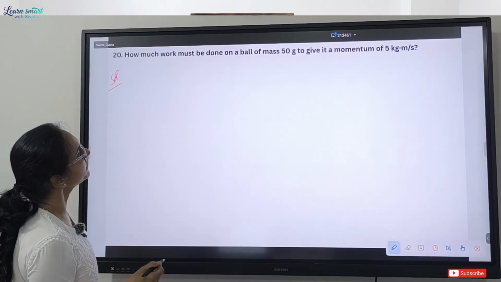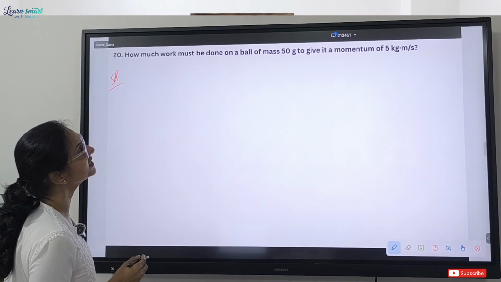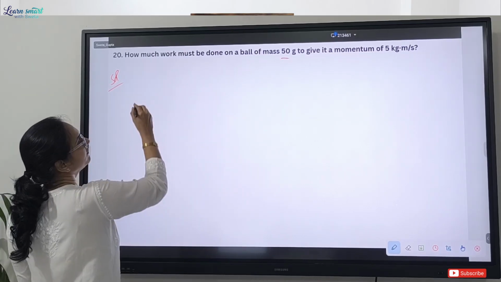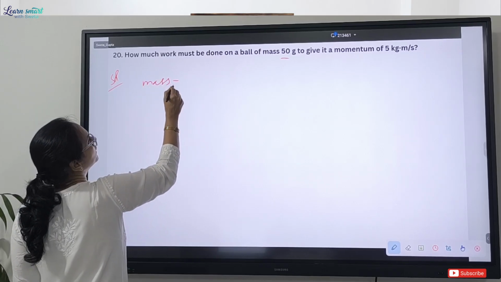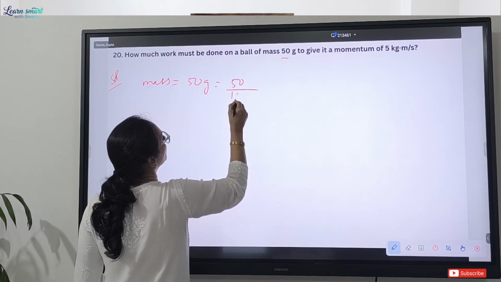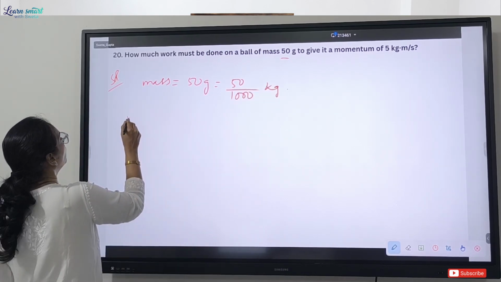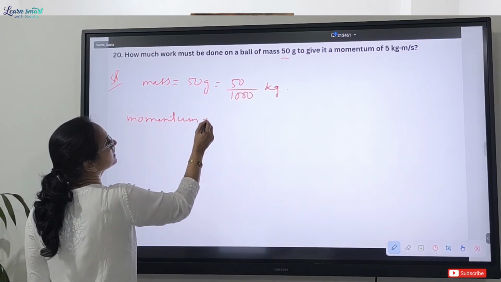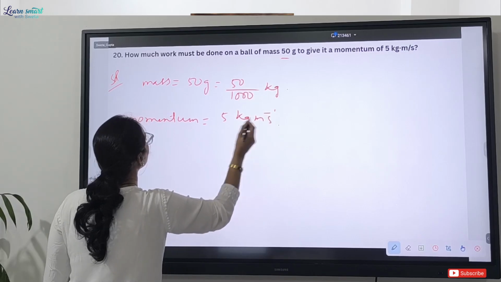How much work must be done on a ball of mass 50 kg to give it a momentum of 5 kg meter per second? 50 gram this is, by the way. Work done we have to calculate, but momentum is given. So mass is equal to 50 gram, so 50 upon 1000 kg, and momentum is equal to 5 kg meter per second.